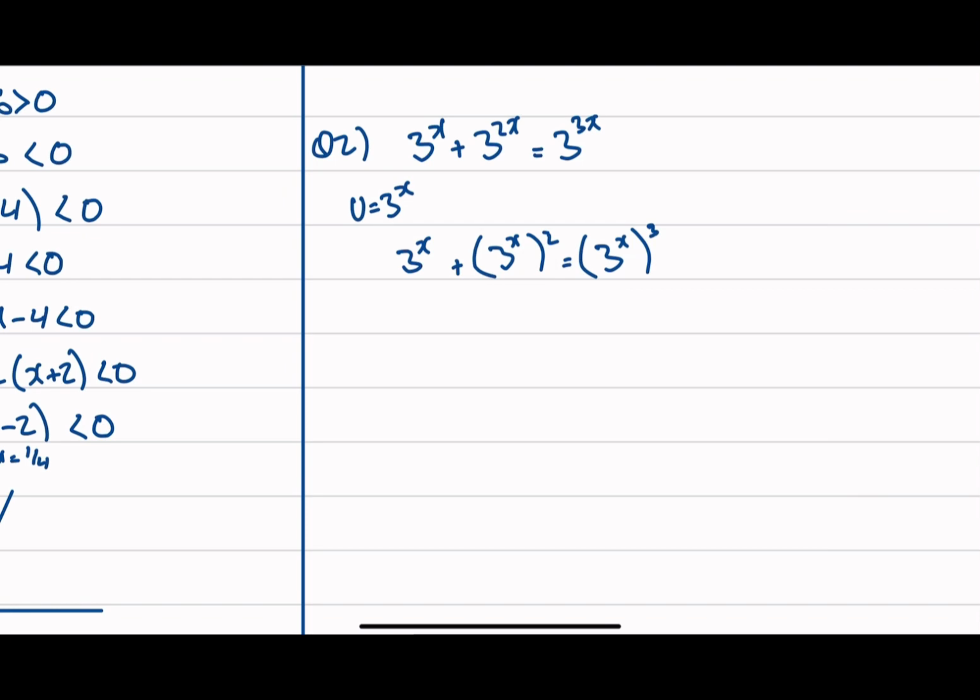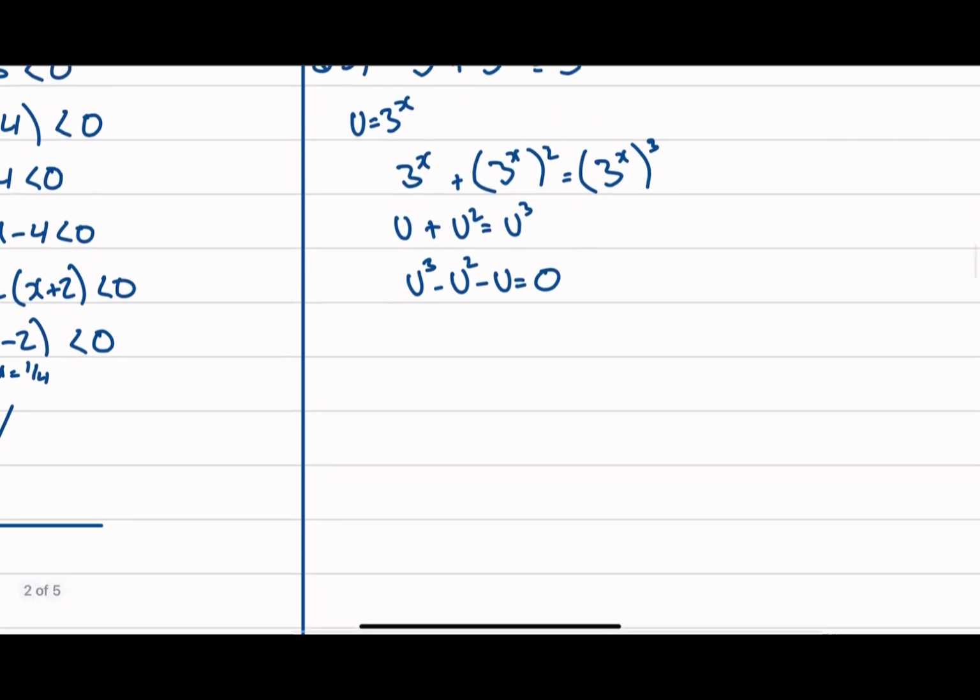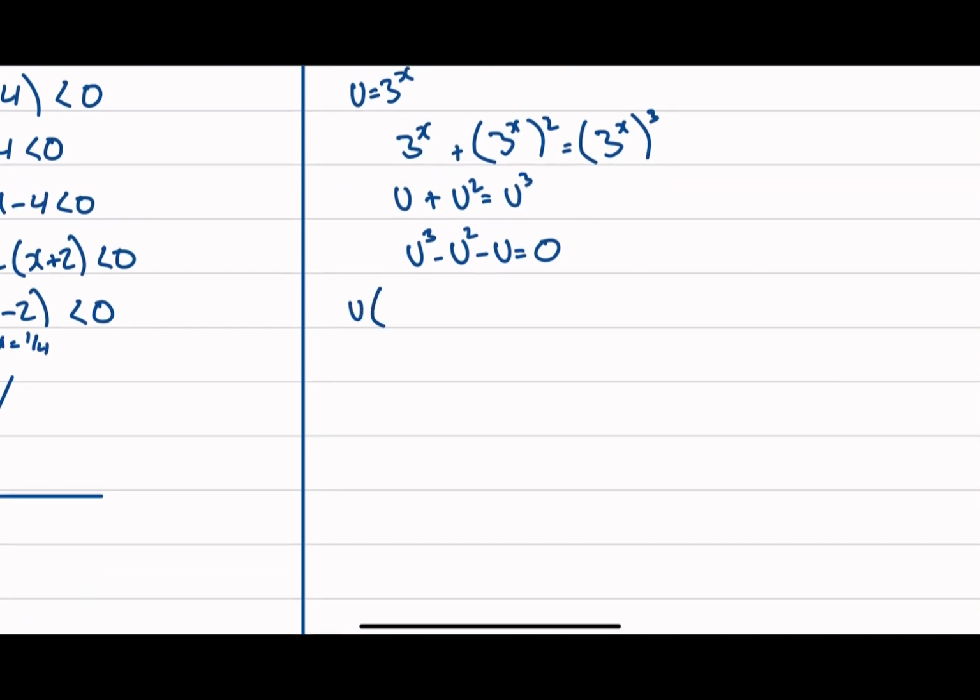And now if we substitute in our u, this gives us u plus u squared equals u cubed, and bring these all over to one side, so u cubed minus u squared minus u equals 0. Factorize out u, so u squared minus u minus 1 equals 0.